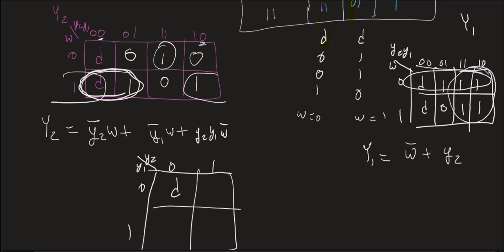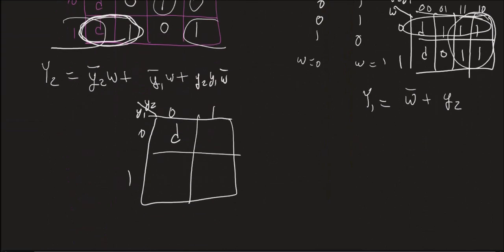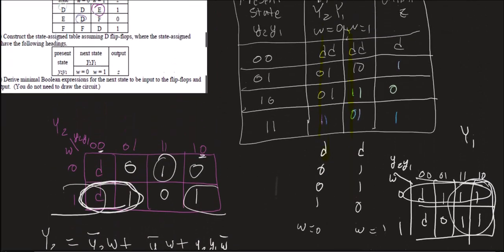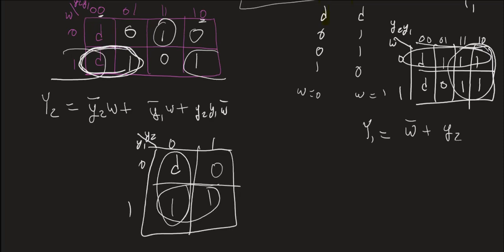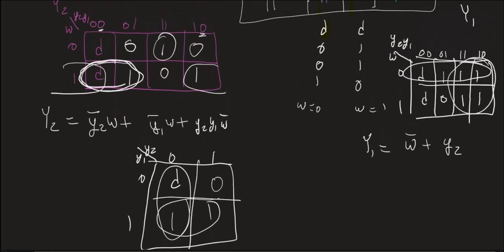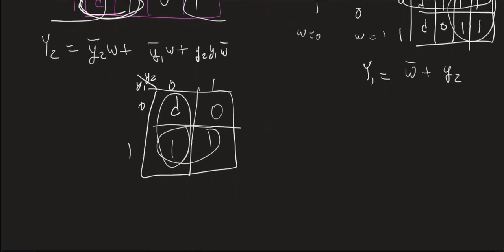When y2, y1 is 0, 1, our output is 1. When it's 1, 1, it's 1. And otherwise it's 0. So that gets us this and this, which would be y2 bar or y1 is our output.